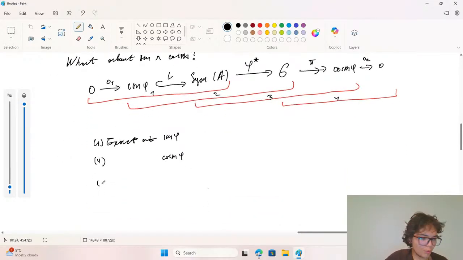And more questions arise from the second and third parts, the second and third short sequences. I also ask my question, what is the relation between image of phi, image of I, and the kernel of phi star?